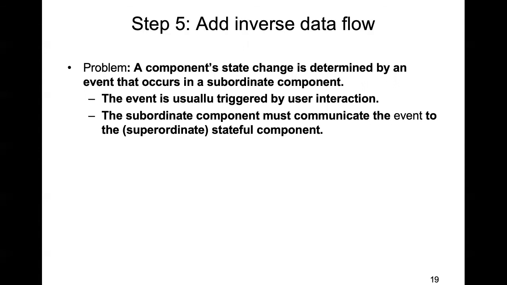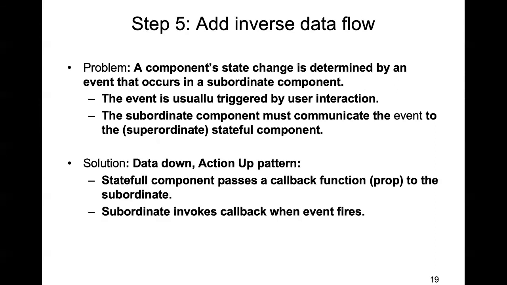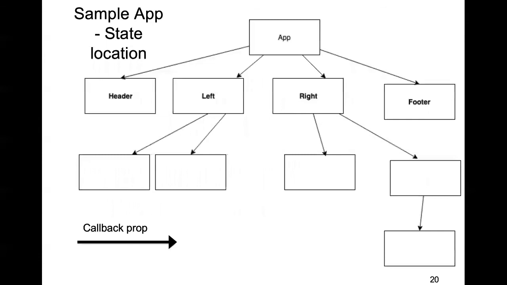Okay, and we've got a couple of instances of that in our sample movie app that we're looking at in this set of slides. And we know what the solution is, this idea of passing a callback function down to the component that actually catches the event that triggers the state change. So we know this already. To relate it to this hierarchy, we just take two of the state variables, the filtering and the movie selection.